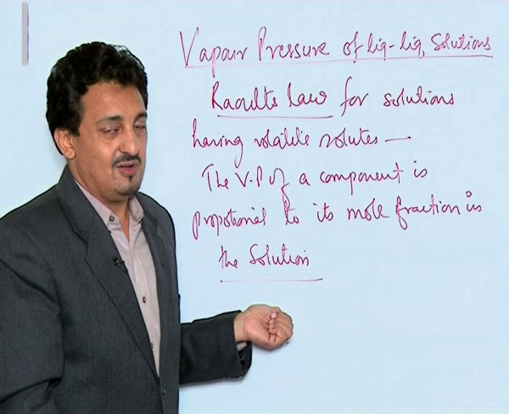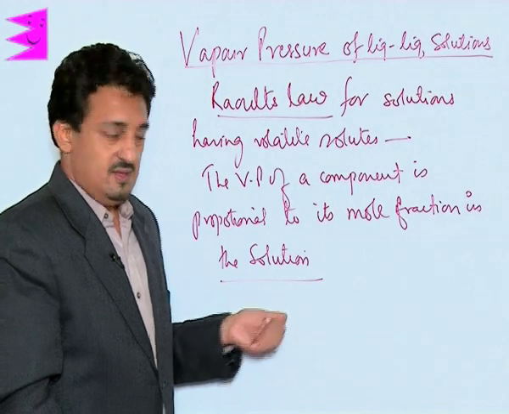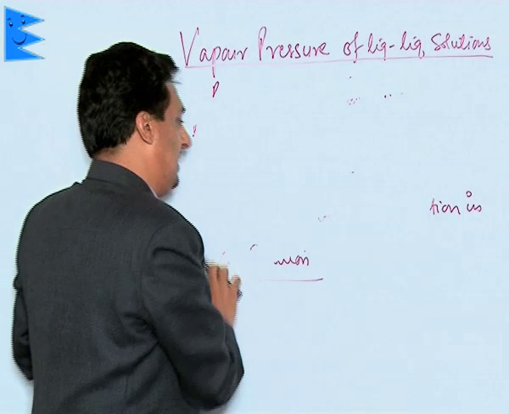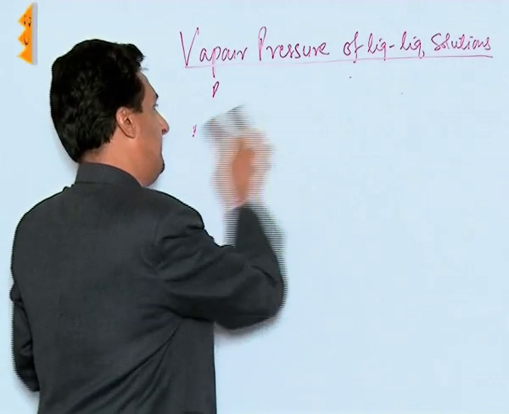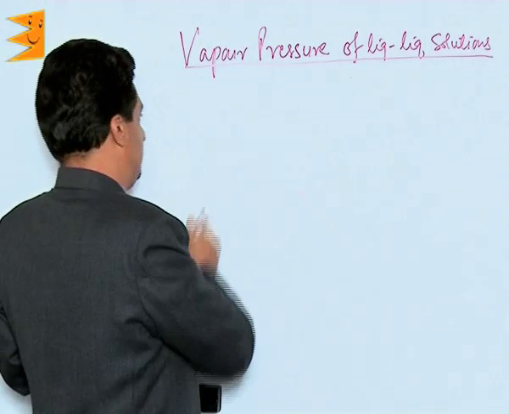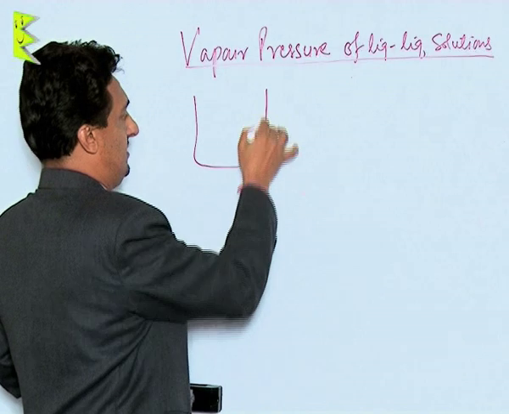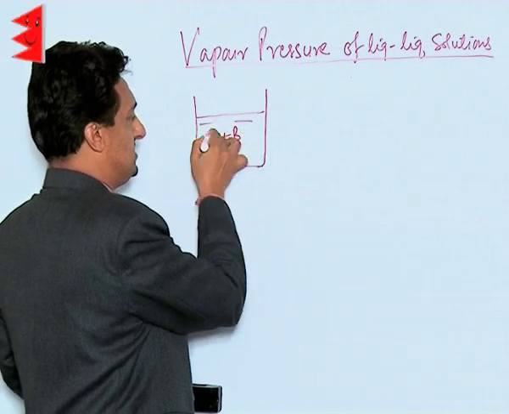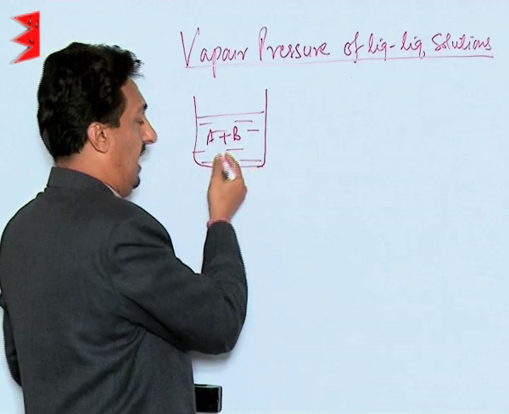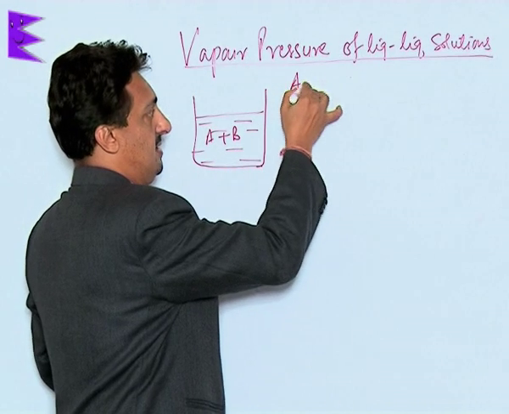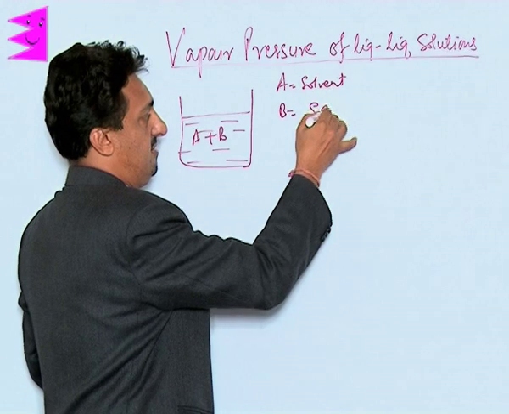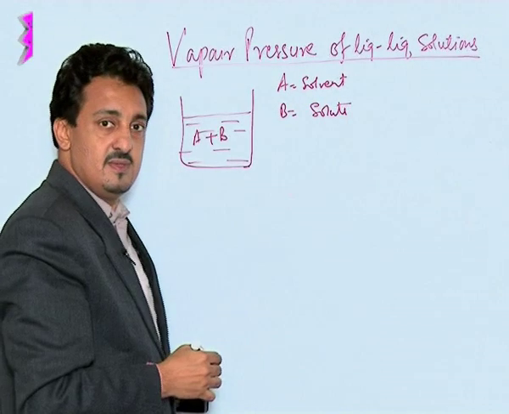This is the basis of Raoult's law. Now we can find out the formulas on the basis of this law. Suppose this solution is having A and B, two components. A, as usual, is your solvent. B is the solute added.